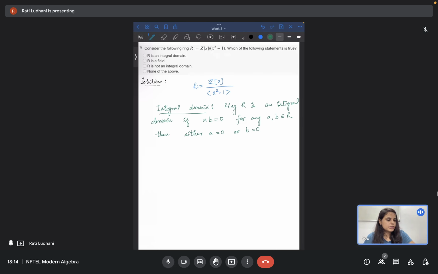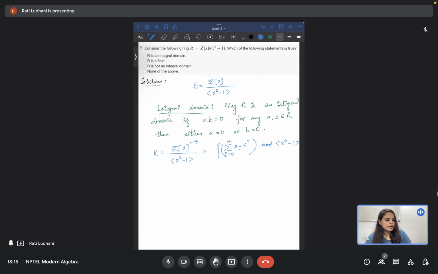So let's see if that is happening in this ring or not. Any element of this R, Z[x] mod x square minus 1, will look like what? Any element is some polynomial of degree n, taken mod x square minus 1.